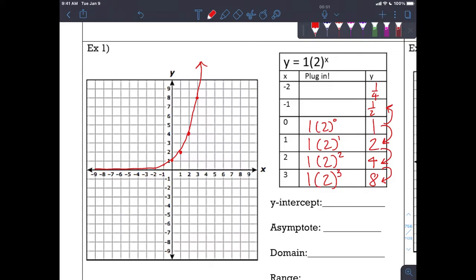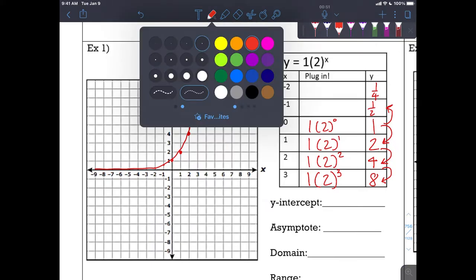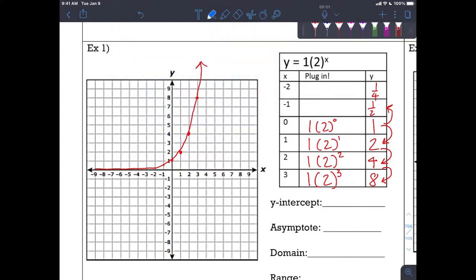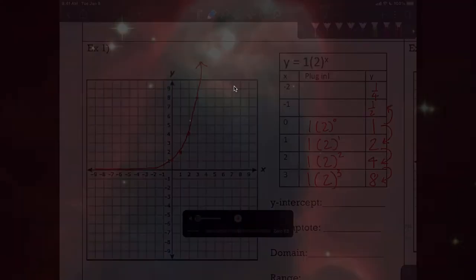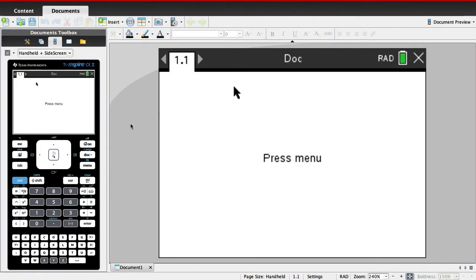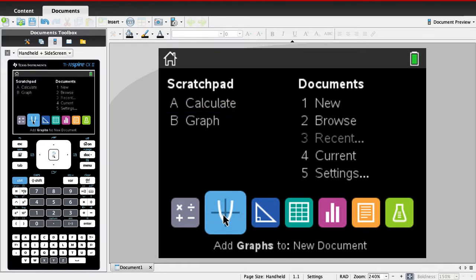Now, before we continue on, what I do want to make note of is where is that asymptote? And instead of me just drawing it on here, what I would like to do is go ahead and plug this into my calculator. So I'm going to graph this one.